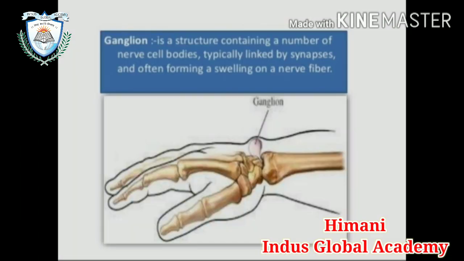A ganglion is a structure containing a number of nerve cell bodies that are linked by synapses. A synapse is a gap or junction between two neurons and often forms a swelling on a nerve fiber. In the image you can see the structure and position of the ganglion.